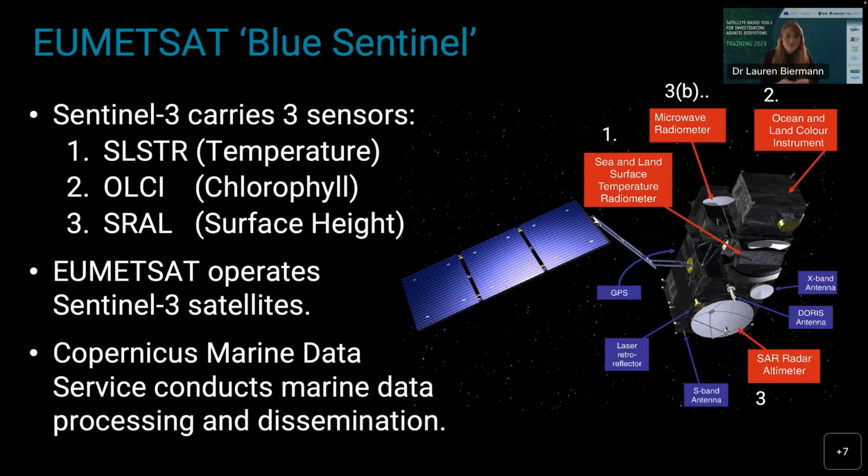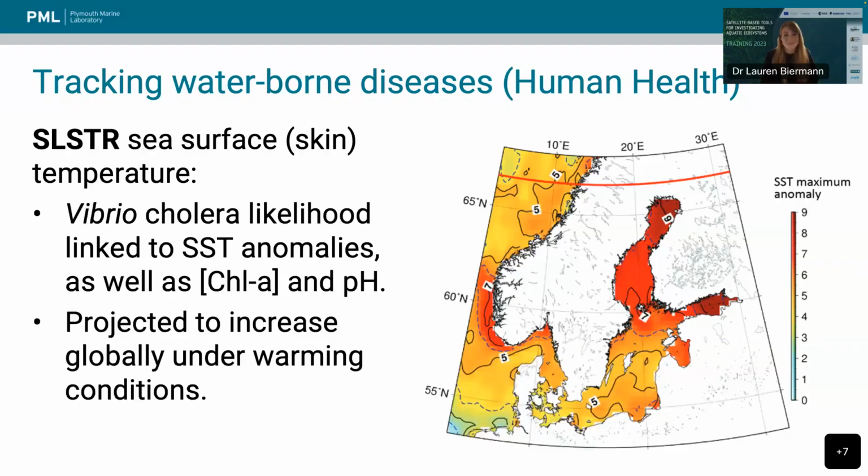And EUMETSAT is responsible for operating these satellites and for the data access, data processing and dissemination. So this is where you access your OLCI, your SLSTR, and your SRAL data. And the applications are really only as small as your imagination.